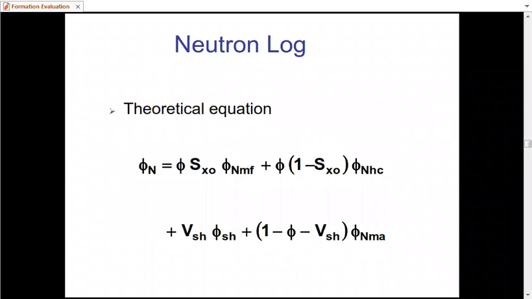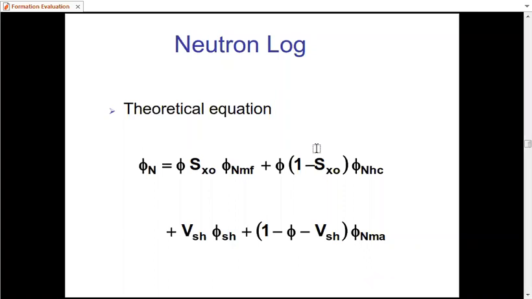This is the theoretical equation for the porosity coming from the neutron log, which depends on some factors like the porosity for the mud filtrate, the saturation for the flushed zone and mud filtrate, and also the shale volume.